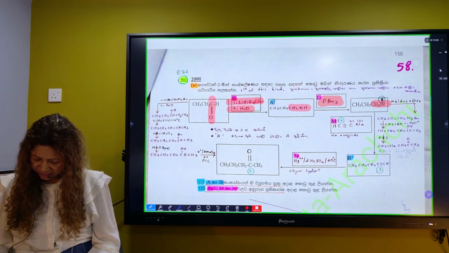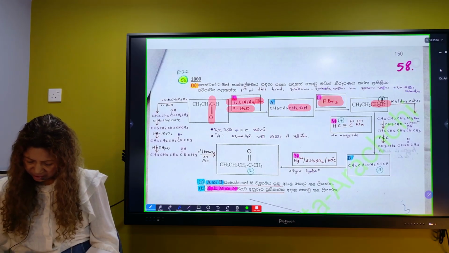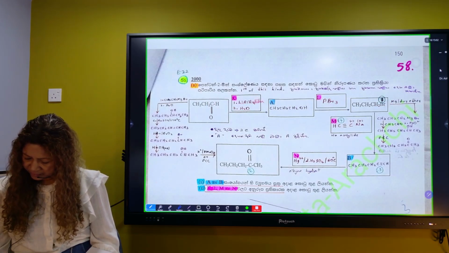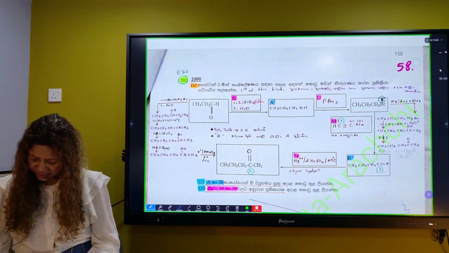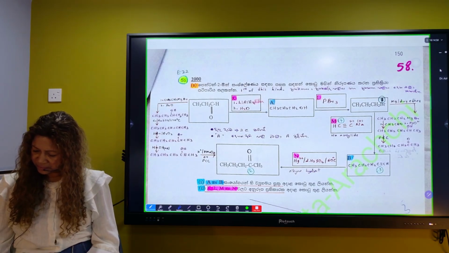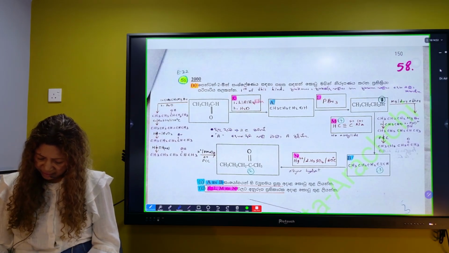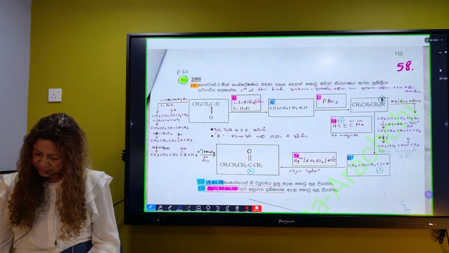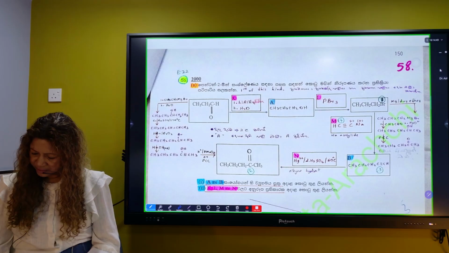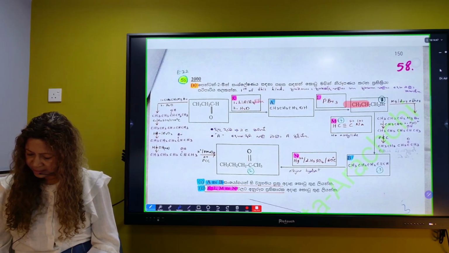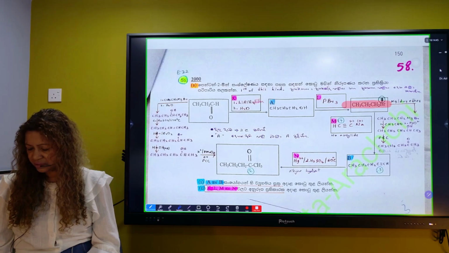That's easy. Then to this 3-carbon compound, they were adding another 2-carbon compound. Yeah, you can go with Grignard, but the steps are higher. So the easiest way is, this is the alkyl halide, chain extension with sodium acetylide.